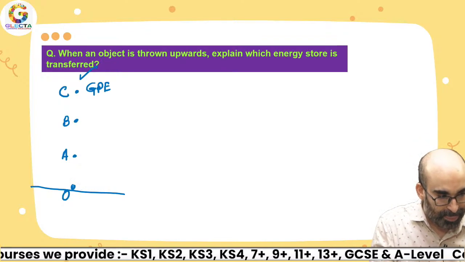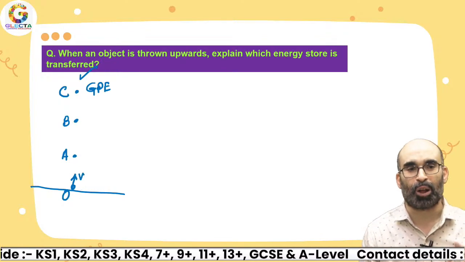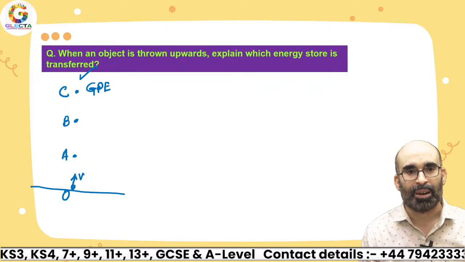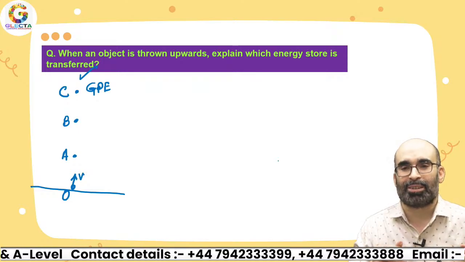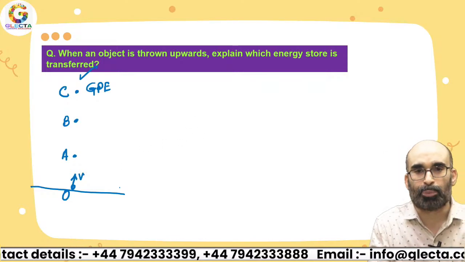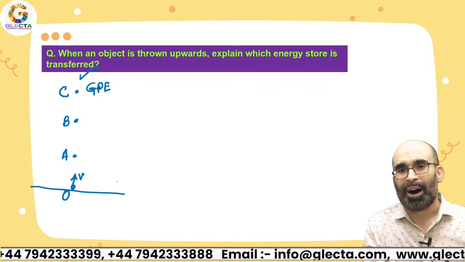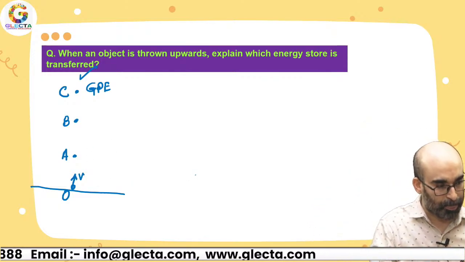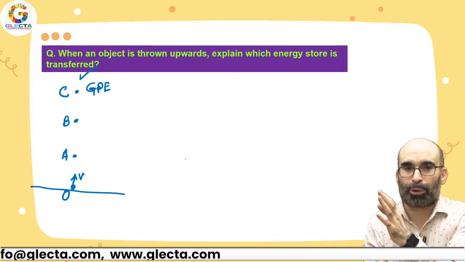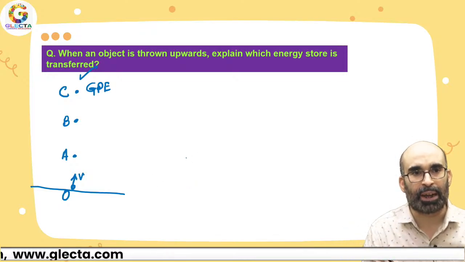At the bottom, when you gave it some velocity, of course that would depend on the measurements, the mass of the object and the height to which it reached. So that calculation is there, but I want your understanding.